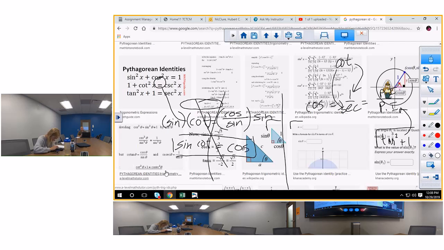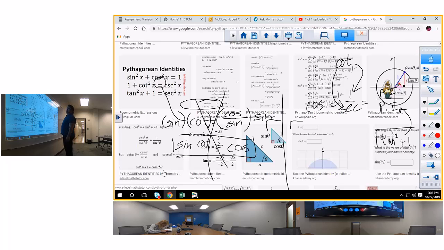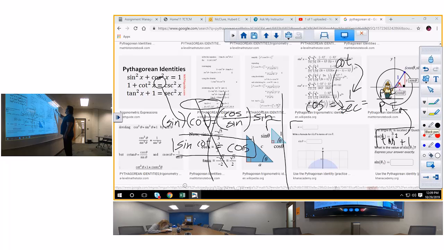Cotangent squared plus 1 equals cosecant squared. I thought there was a cotangent. So cotangent is equal to the square root of cosecant squared minus 1. So I could rewrite this as the square root of cosecant. No, that's cotangent. I need 1, right?